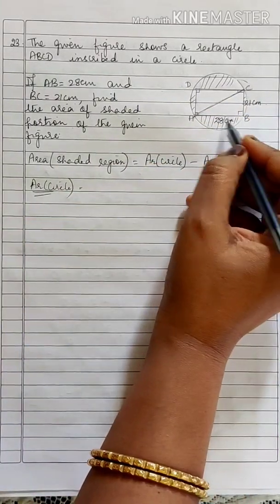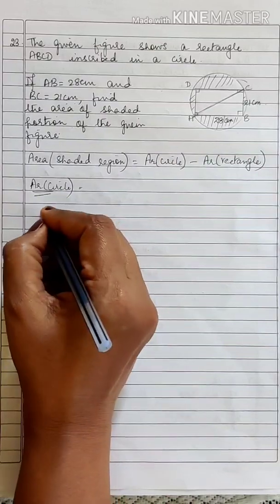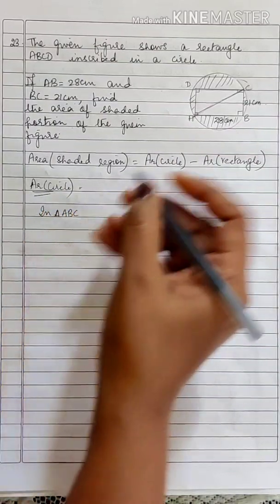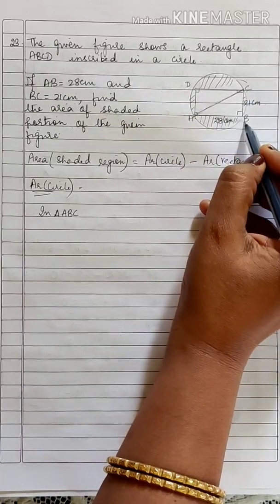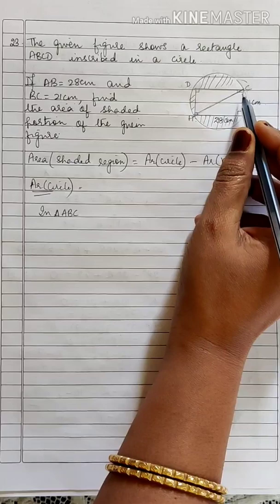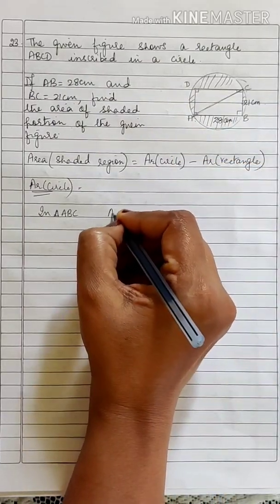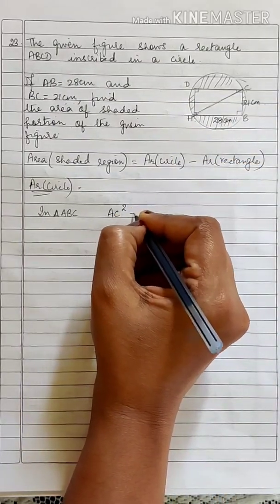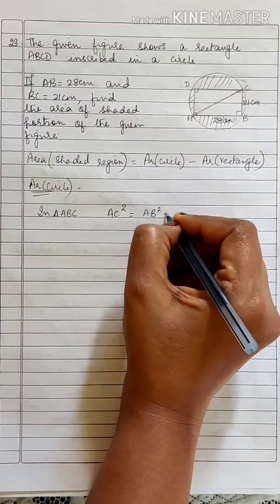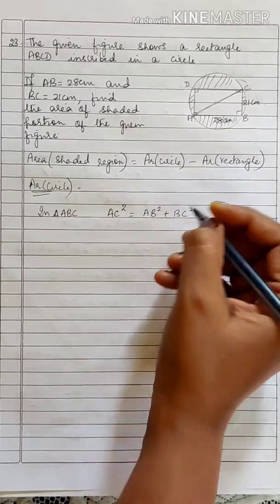So in this rectangle, ABC is a right angle triangle. Triangle ABC is a right angle triangle where AC is the hypotenuse. So by using Pythagoras theorem, you get AC square is equal to AB square plus BC square.